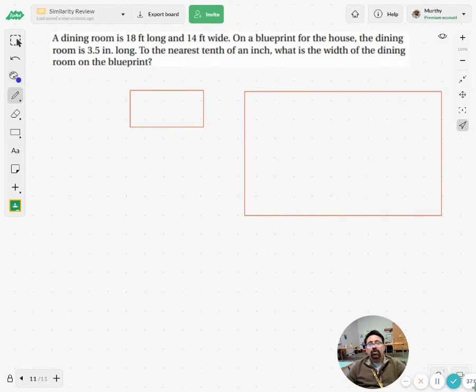So here it is 18 feet long and 14 feet is the width. On a blueprint, the dining room is 3.5 inches long. What is the width of the dining room? This is the question.